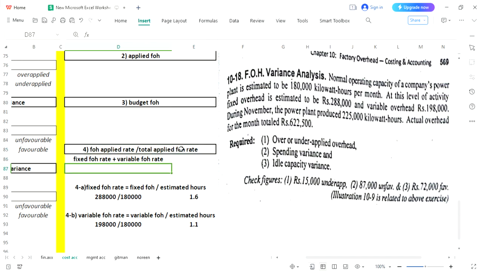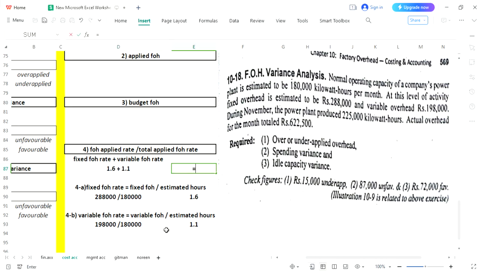Okay, now let's see what the fixed FOH rate is. 4A, with which we have calculated the fixed FOH rate, that was 1.6, put 1.6 over here, and you now need to add what? The variable FOH rate. Look at the formula. The variable FOH rate is 1.1. So put 1.1 over here. Statement completed. Now put it on your calculator.